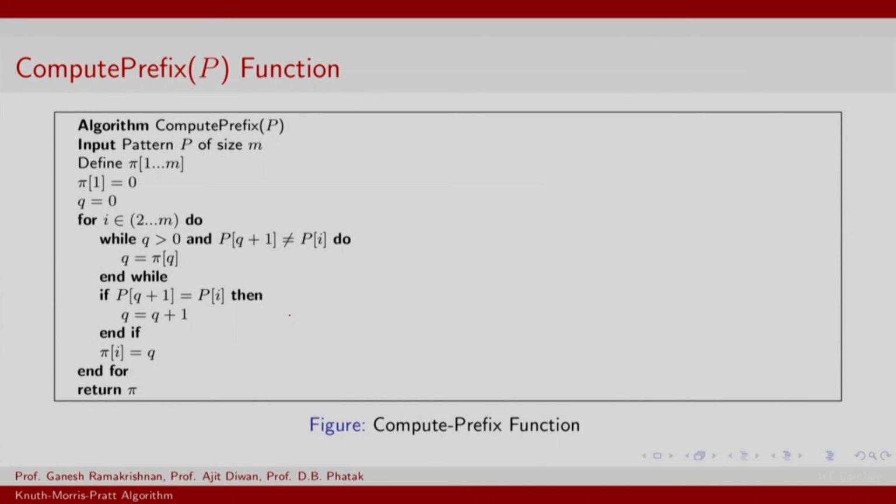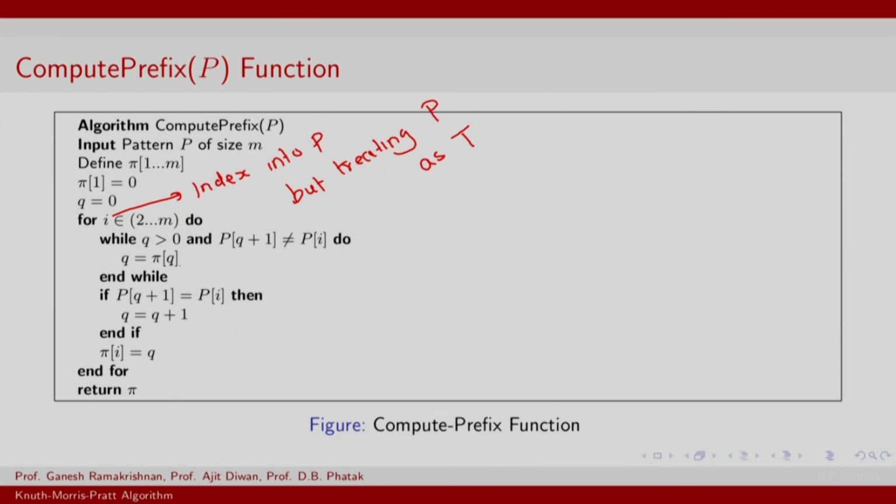So here is the compute prefix function. What you note is that we are maintaining an index I into P but treating P as T. And we again have this skip here where you said Q equals pi Q, but note that we have set pi of 1 to 0, which we already discussed.